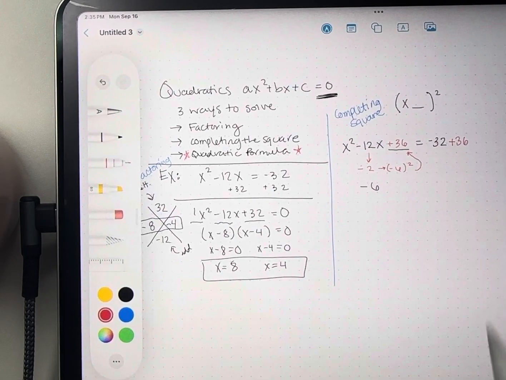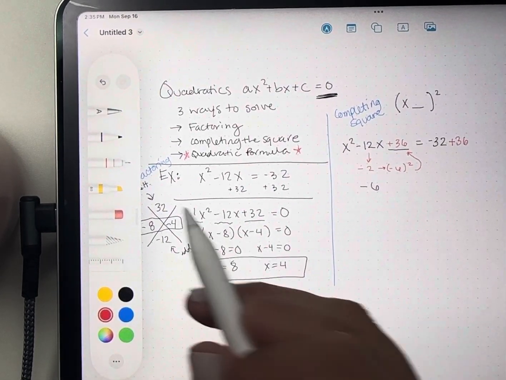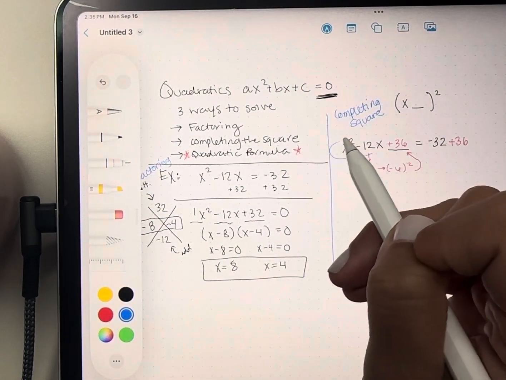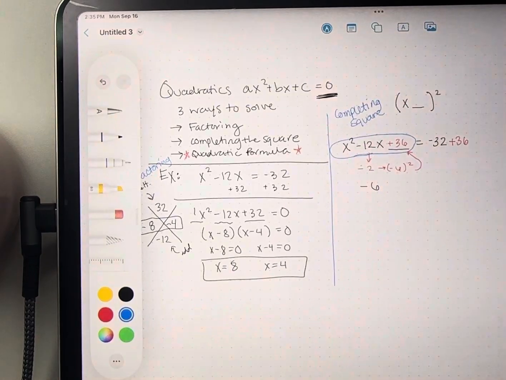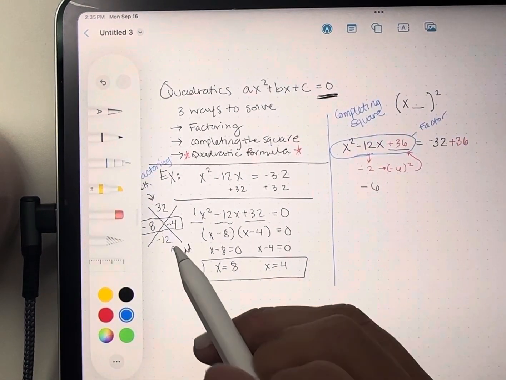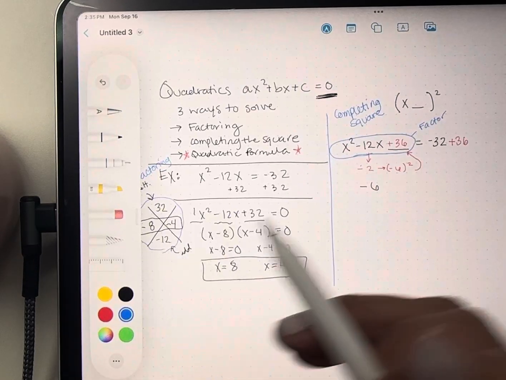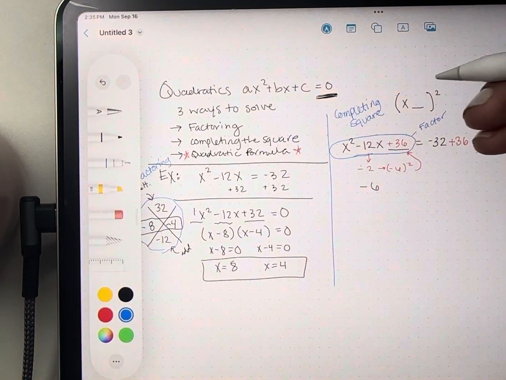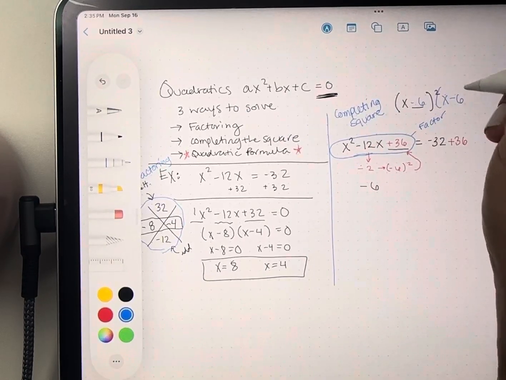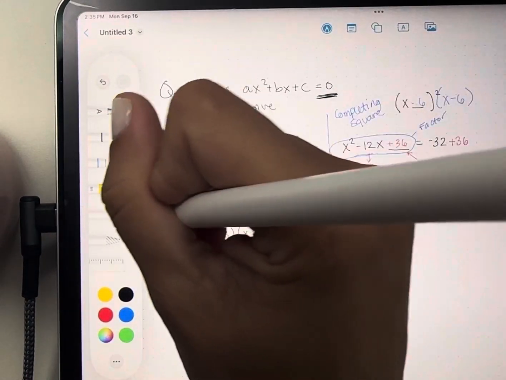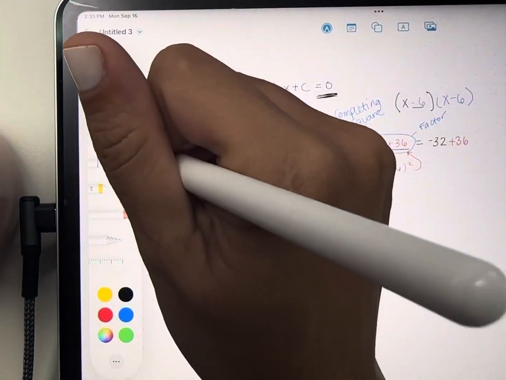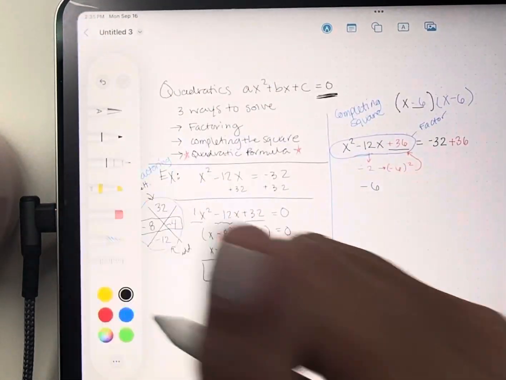Now, what I have done is created this perfect equation right here that if I were to factor this, if you want to check it out, use this technique to factor this, you will get x minus 6 times x minus 6. Okay? That's what you'll get. You'll get x minus 6 times x minus 6, which is x minus 6 squared.